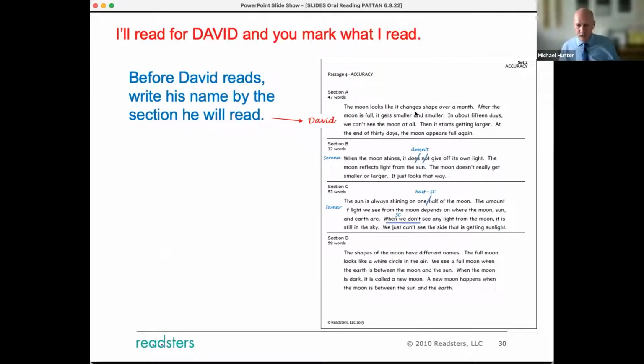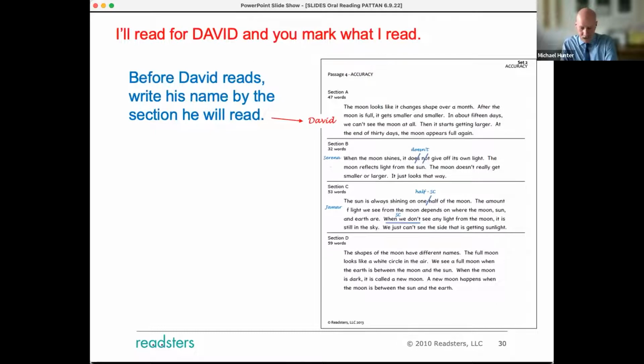So is everyone ready to do marking? Okay, I'm going to read from a prepared script so that I make the correct mistakes, so that when I show you what I think the marking should look like, it should look correct. So I am David. I'm now going to read this section of the passage for you.